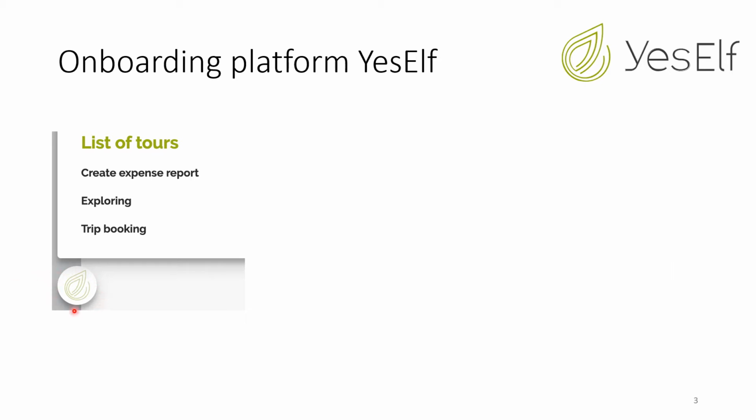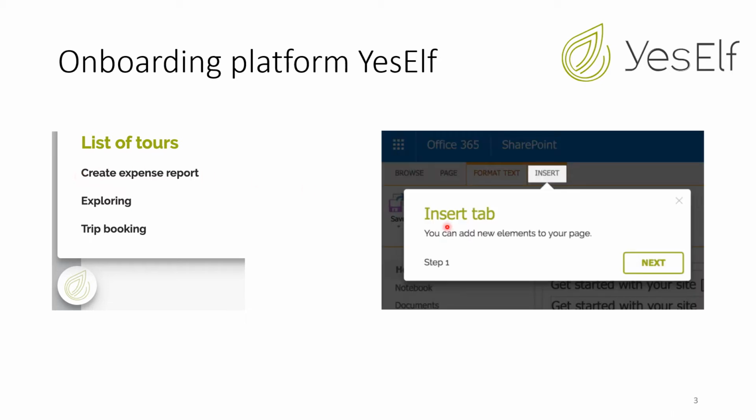So there is a small ESLF icon in the corner of the screen, and by clicking on it, users can see the list of the predefined guides, and by selecting one of the guides, the guide initiates and consists of a series of these pop-ups which explain the parts of the user interface or the flow of the application. And also these guides can be started automatically when a predefined rule is met.